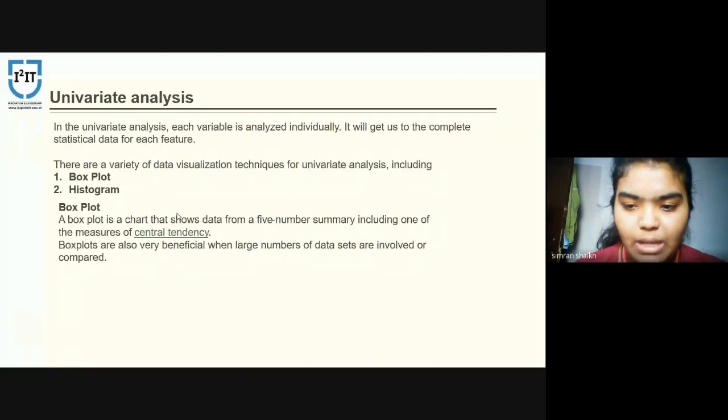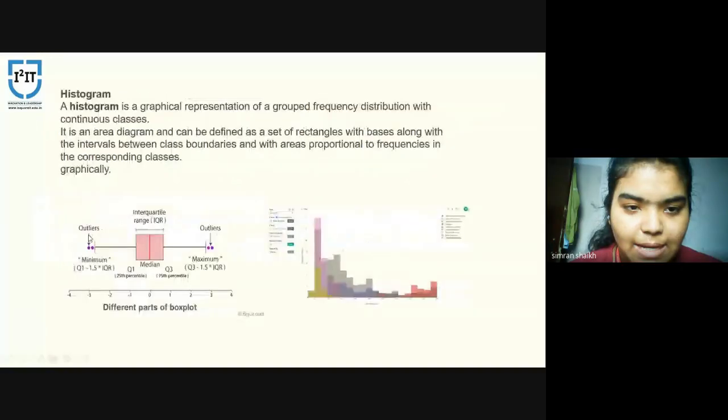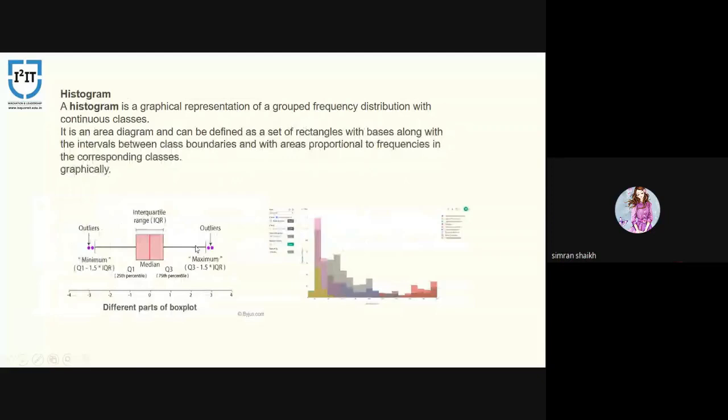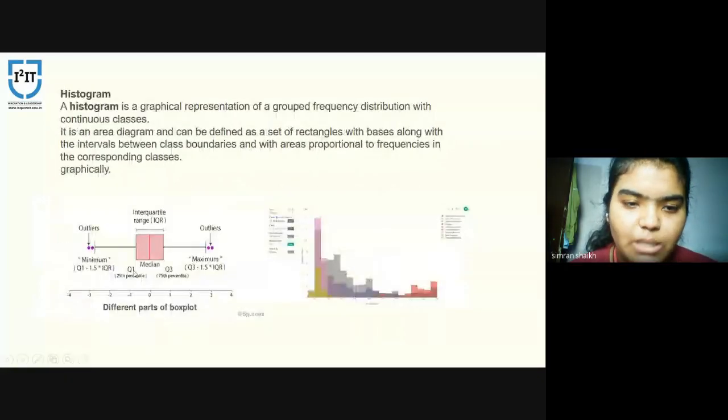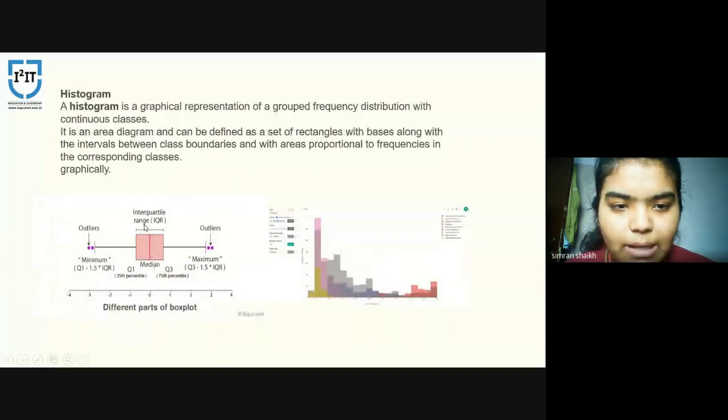It has five values. As you can see, there are five values and outliers. This is the minimum, this is the maximum. Here you have the 25th percentile and this is the 75th percentile, and here is your median, and this is the interquartile range, that is IQR.